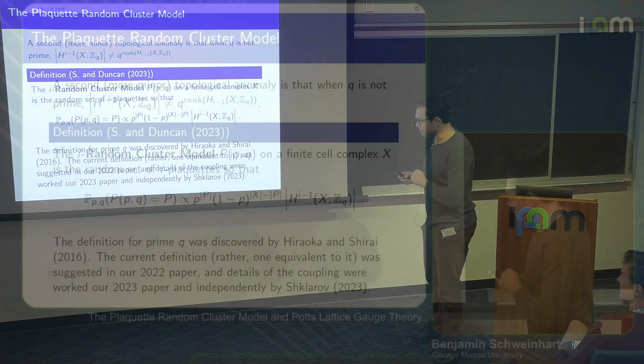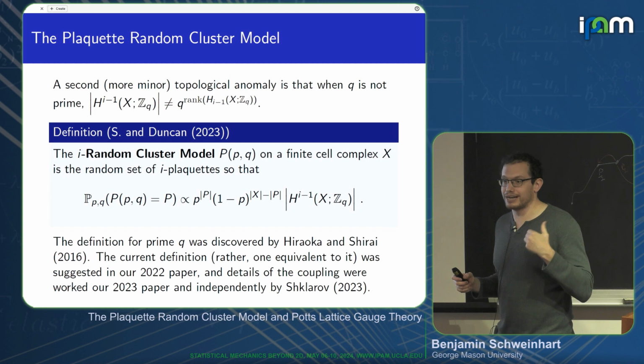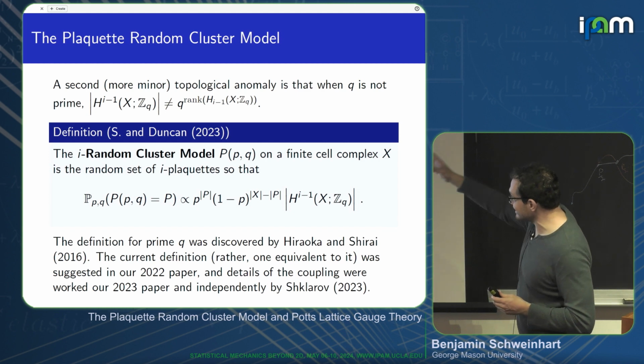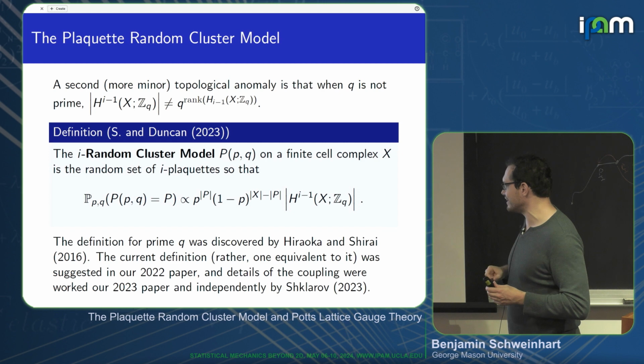In our first paper in 2022, we ran with the field definition because we were interested in homological percolation, and that works out when we have a field, but there are some difficulties when we don't. So we worked out the details for the case when Q is prime there and suggested this definition.